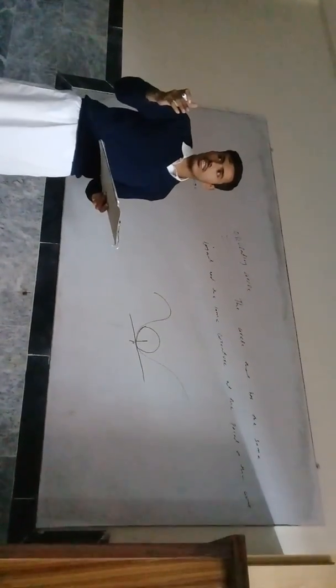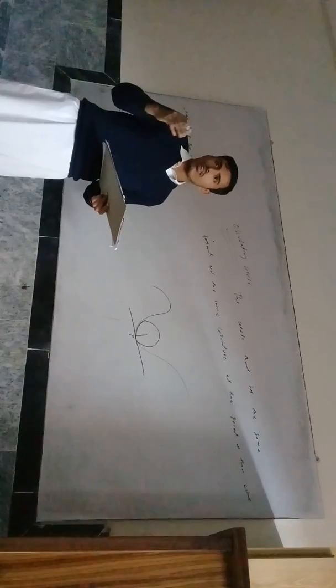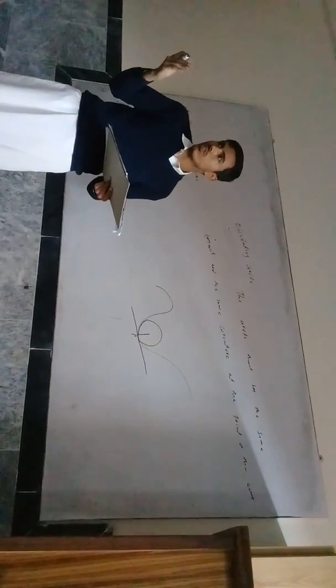Talking about the osculating circle, the word osculating came from the Latin word osculari, which means to kiss. Now what does this mean? I can give you a practical example of how this osculating circle works. For example, a car is moving on a bendy road, and we saw this a lot in the movies.